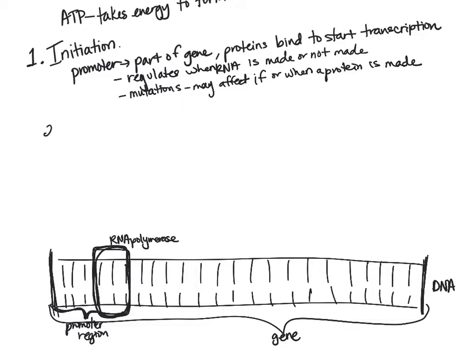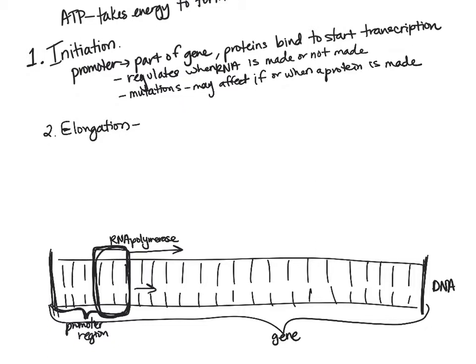Then we have step 2, which is elongation. Elongation is when our RNA polymerase is going down the DNA. When it's going down the DNA, it's going to be reading nucleotide by nucleotide. I didn't mention, but this also has to be separated, of course.